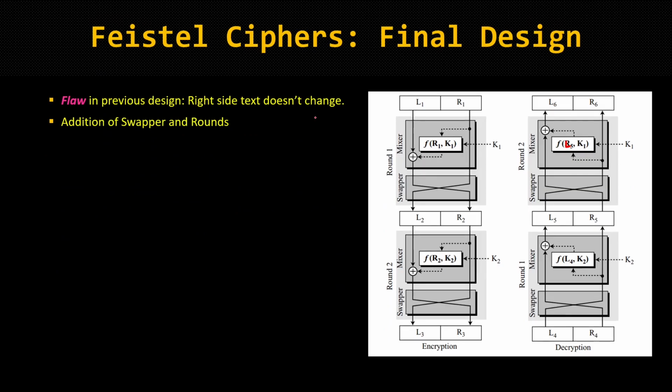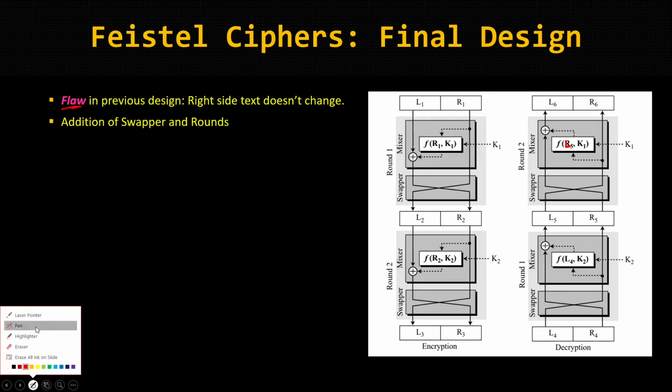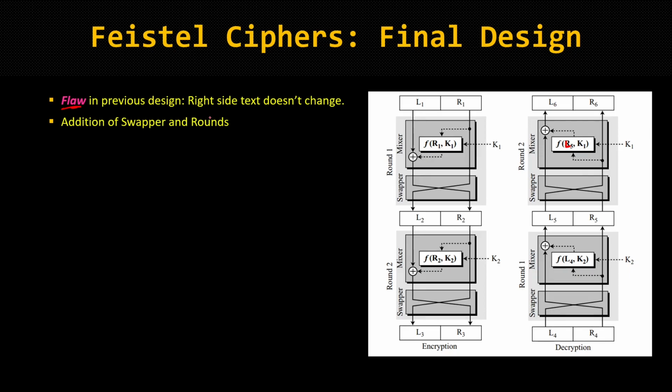Now Feistel further improved on this design and made a final design because there was a flaw in the previous design. As we can see, in the previous design the right side text doesn't change. So Feistel wanted to make the right hand side change as well. In the previous design, R1 was equal to R2, which was equal to R3, and which was eventually equal to R4.